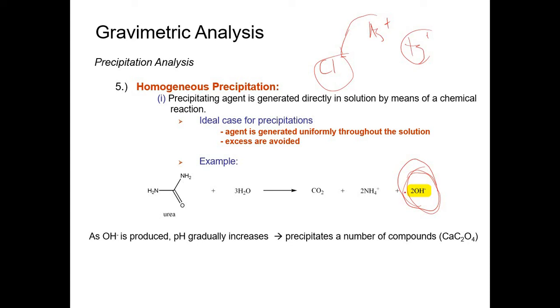Okay, so this CaC2O4 was precipitated via homogeneous precipitation because of the increase in pH using this process, the presence of urea.